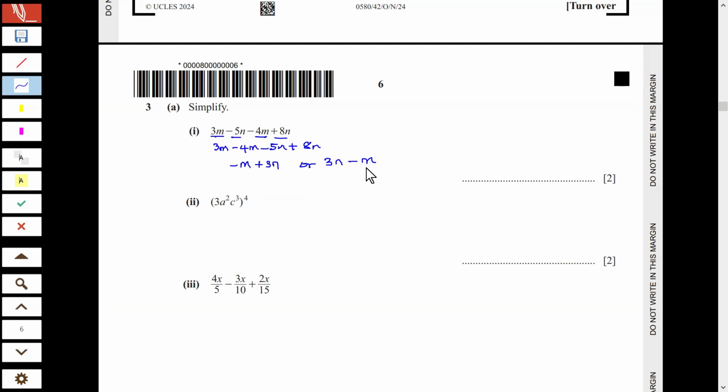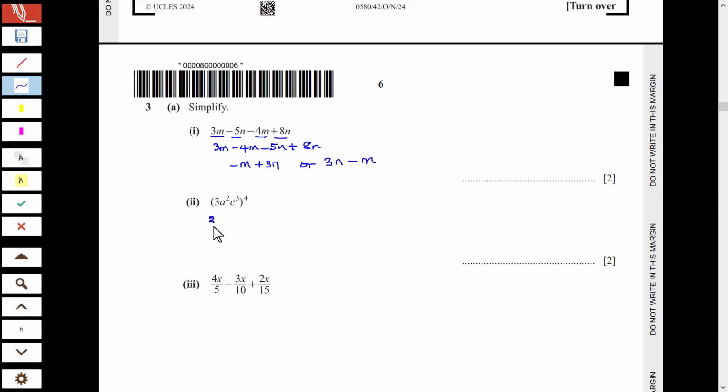So to the next question, we have 3a squared c to the power of 3, all in brackets to the power of 4. Now, the power 4 affects every single term inside the bracket. So if you're writing a term, it should include the bracket and the power 4.